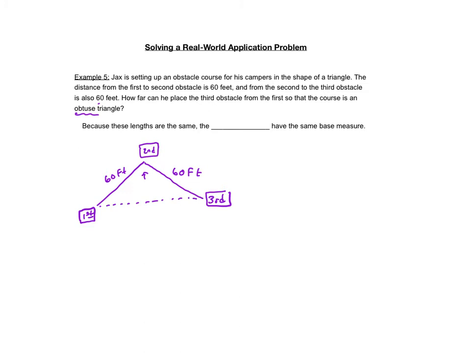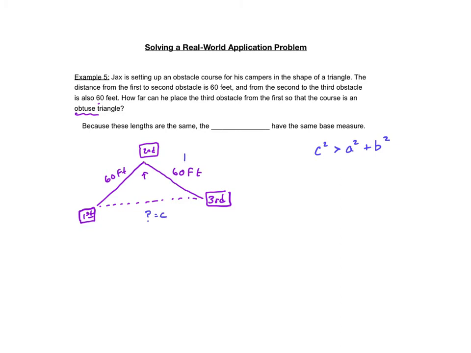And then we learned, just a second ago as we were talking through our examples, that for an obtuse triangle, c squared is going to be greater than a squared plus b squared. So in this case, we have this unknown value right here, and that would be c.